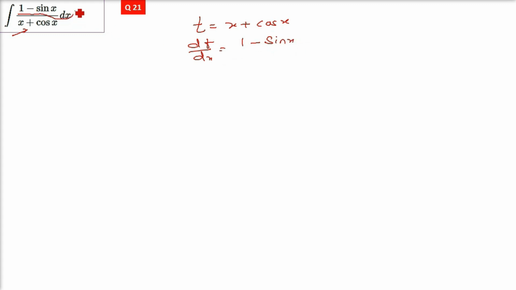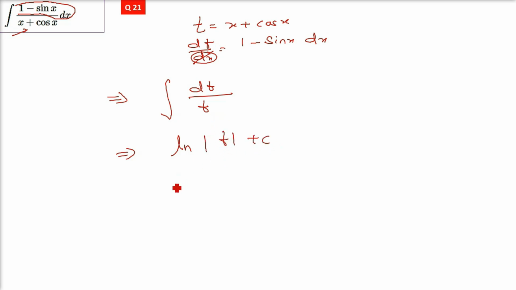So this 1 minus sin x into dx, if you take this dx on the right hand side, cross multiplication, what you find is the numerator is actually dt, and the denominator is x plus cos x, which is t. So dt by t, and this is simply log base e. So let us write it as ln modulus of t. What is t? t was x plus cos x. So let us write x plus cos x along with the constant of integration. This is your final result.